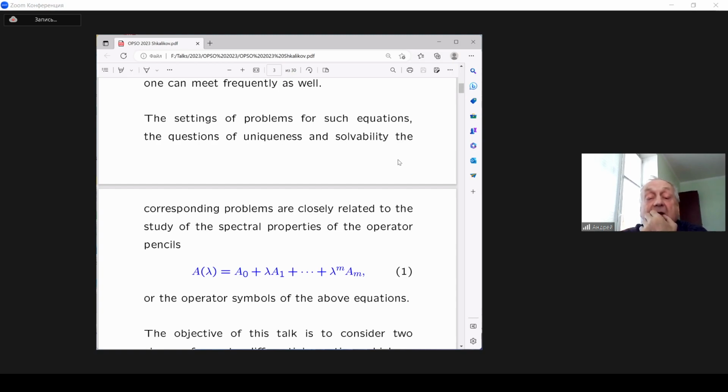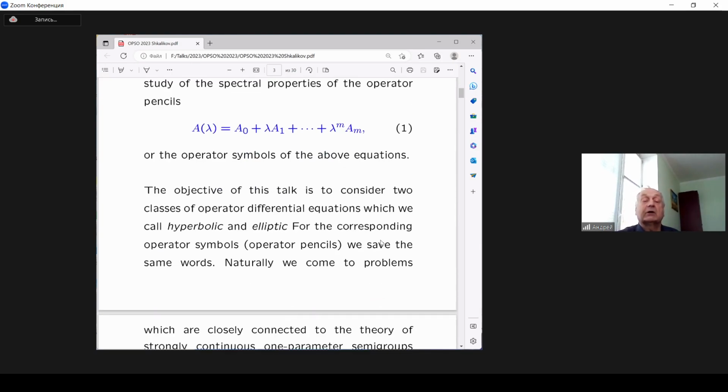The derivative in the equation which we considered before is replaced by the spectral parameter lambda. It is equivalent to taking the Laplace transform of this equation, and then we come to this operator symbol, or operator pencil.